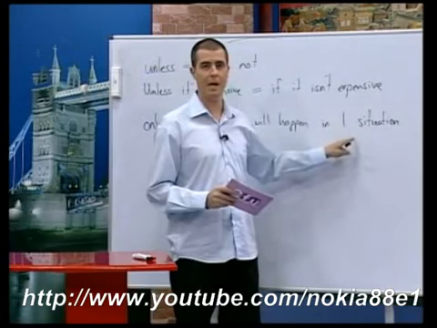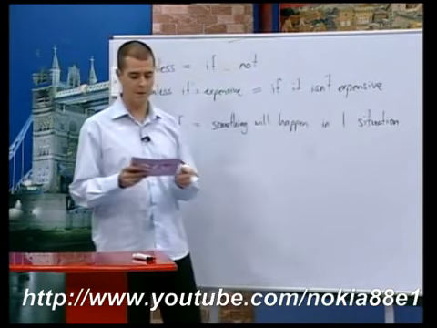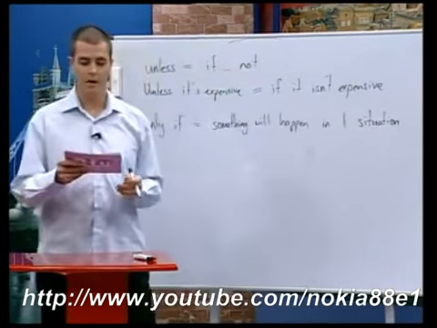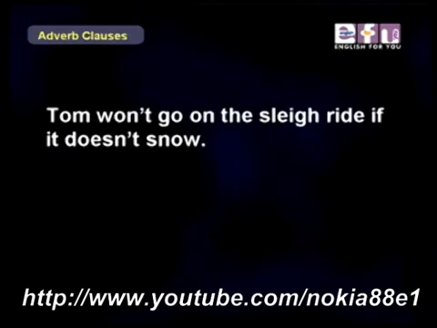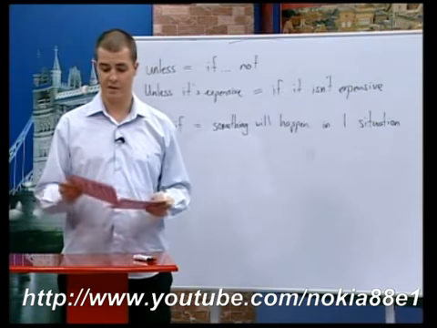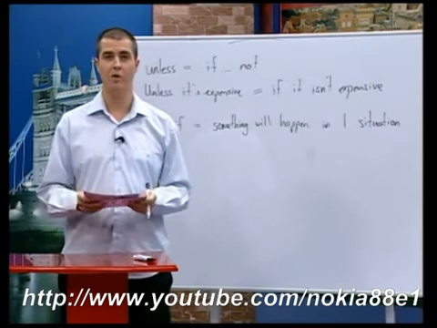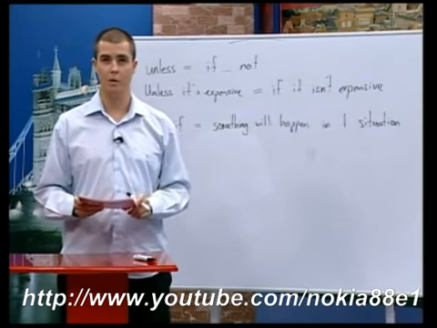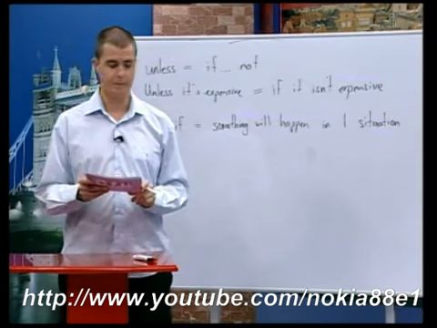That situation must happen first, then something else will happen. For example, Tom won't go on the sleigh ride if it doesn't snow. That's the same as the first sentence. Tom will go on the sleigh ride only if it snows means he won't if it doesn't.